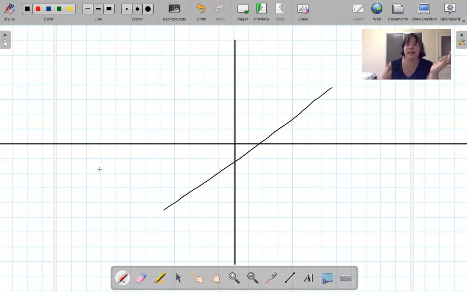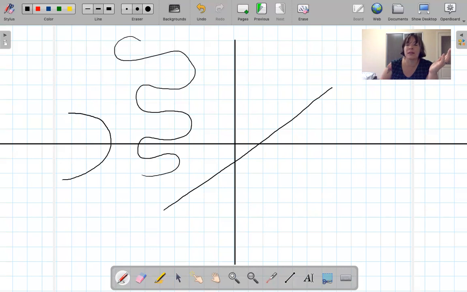But if it ever looks like this or this, if for one X you can have several Y values, it's not a function.